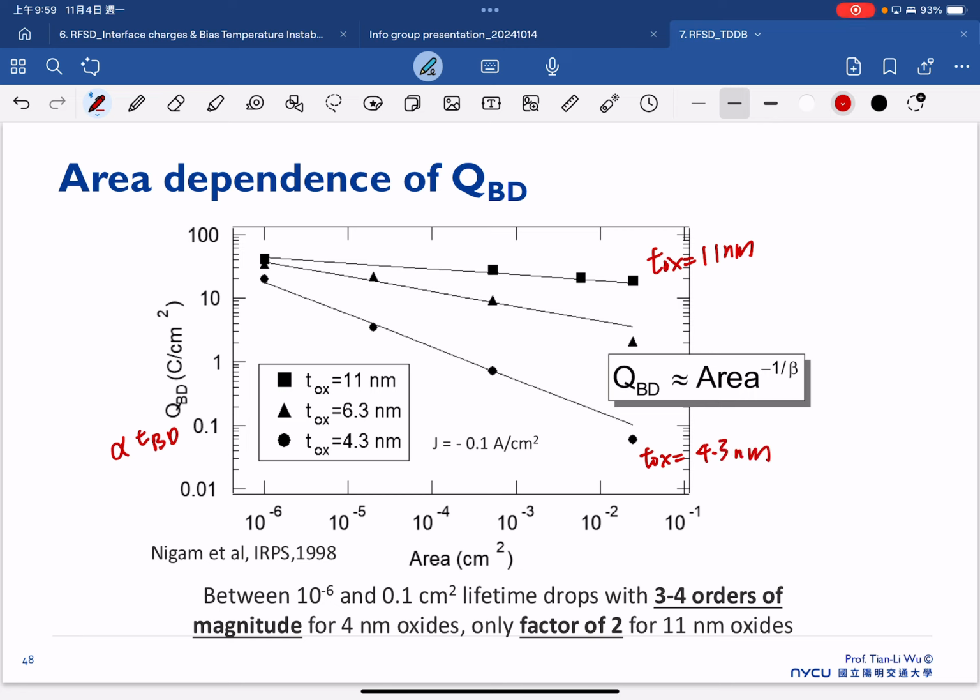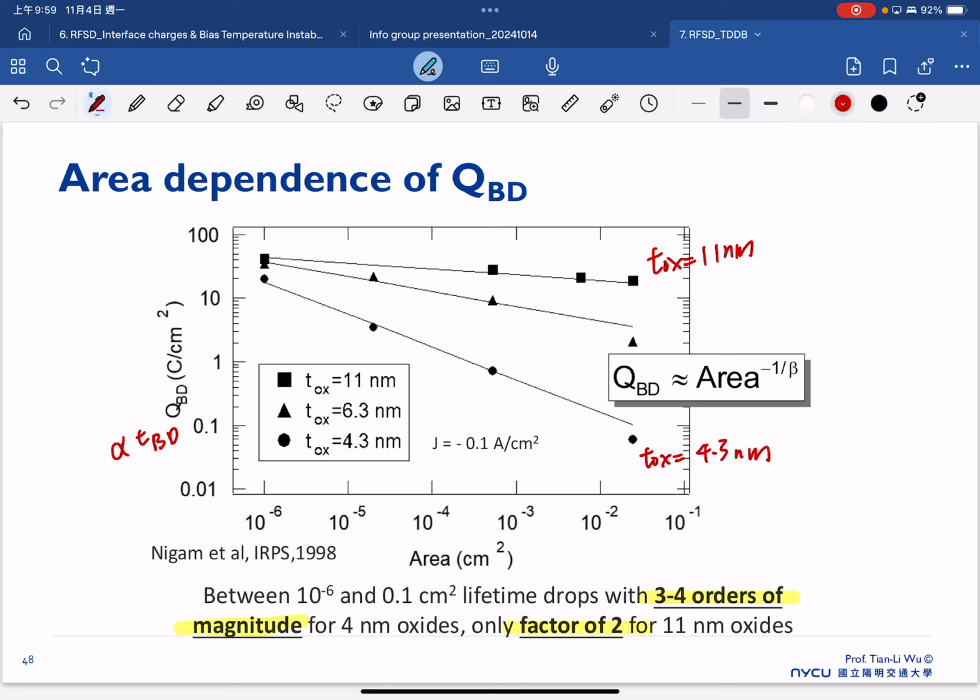So now the conclusion is that if we consider the area from 10 to the -6 to 0.1 centimeter square, the lifetime will drop around 3 to 4 orders of magnitude for the 4 nanometer dielectric, compared to only a factor of 2.